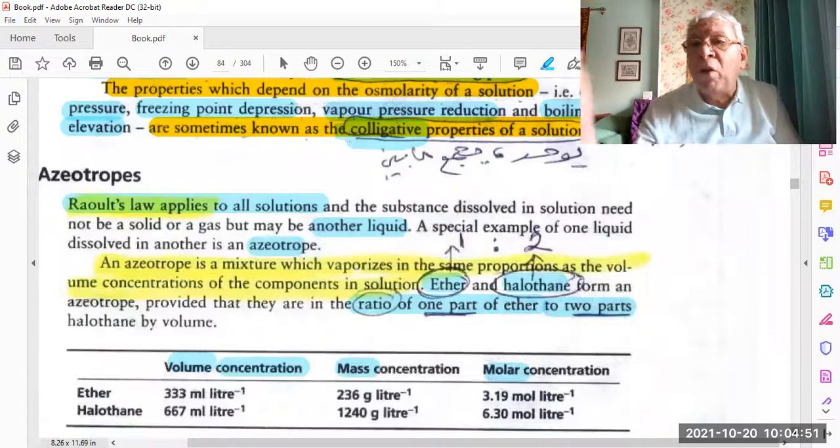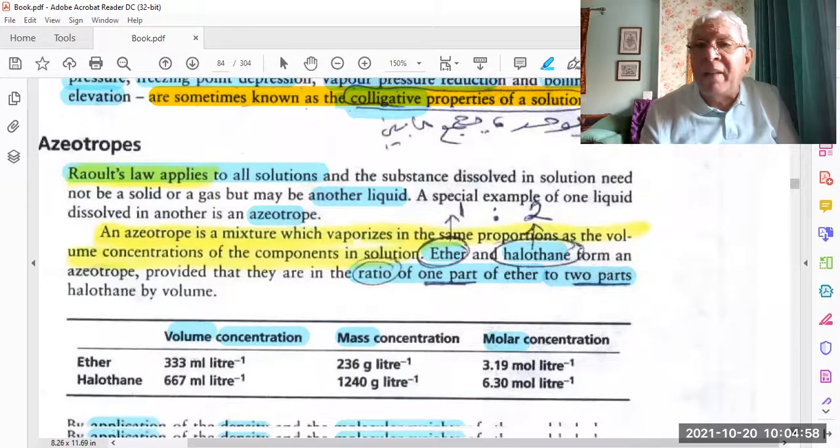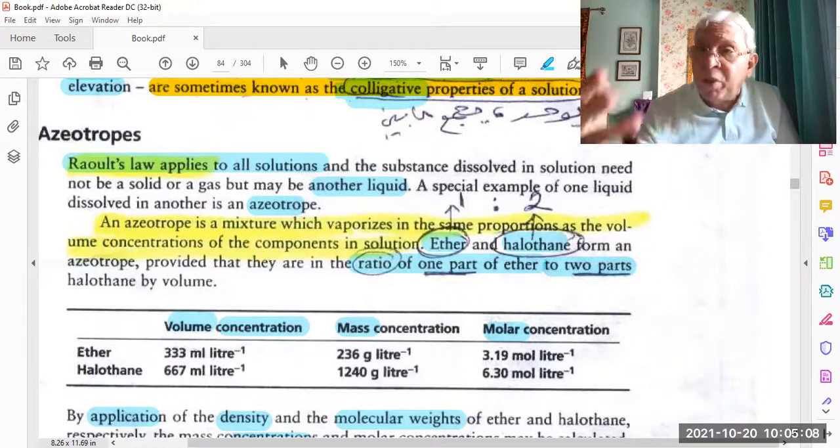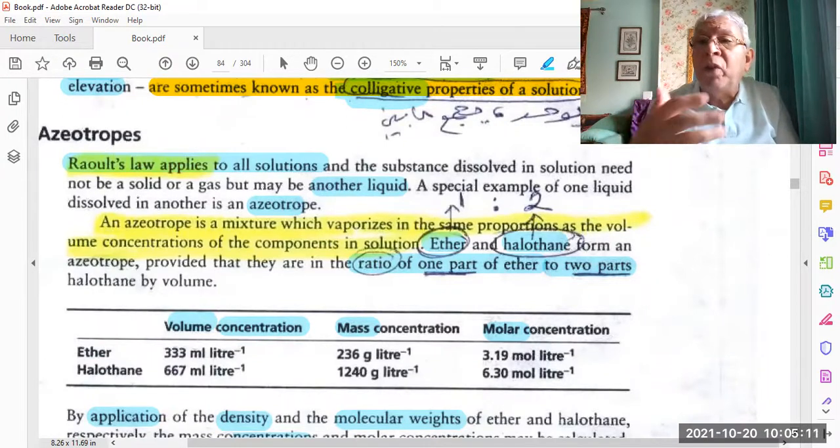Azeotrope, as we say, is where a solvent is dissolved in a liquid. You can combine two liquids dissolved in each other at a certain rate. We have ether and halothane. We used to use it before to evaporate both of them at a certain vapor pressure. This is metered, of course, because we know the molecular weight of both, we know the volume of both, and so on, so that we can create a vapor pressure, but with a special percentage, which can be utilized to anesthetize the patient.